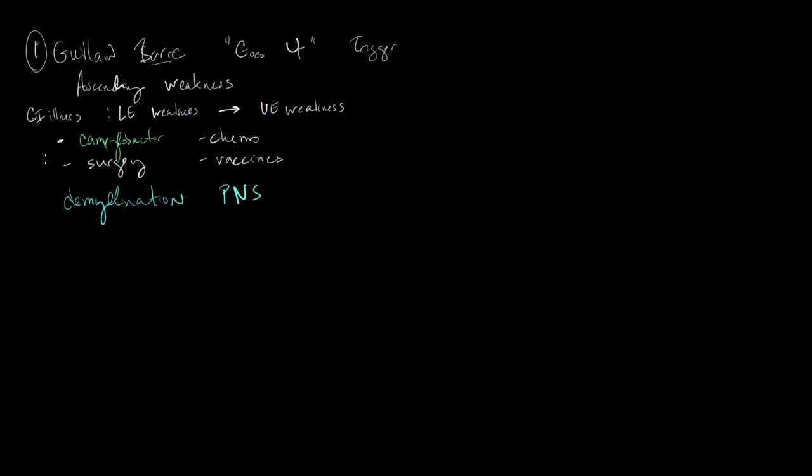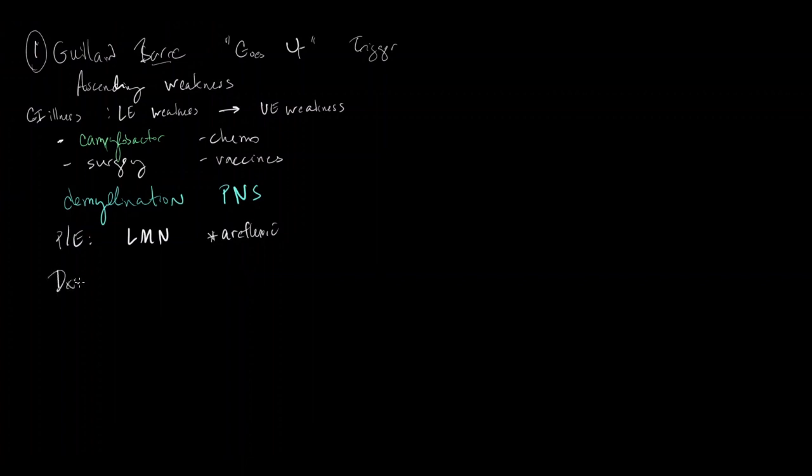And so what that means on a physical exam, you will get lower motor neuron findings. So you will get hyperreflexia to the point that it may even become areflexic. So that is an important finding in GBS, hyperreflexia or even areflexia on physical exam.